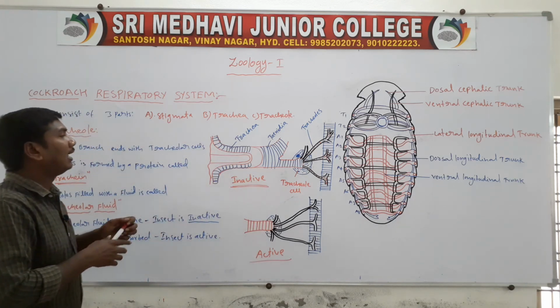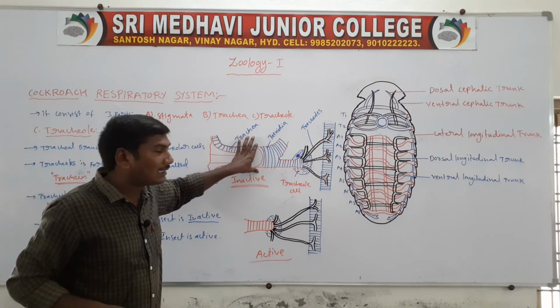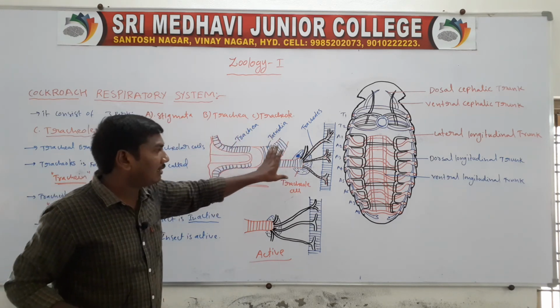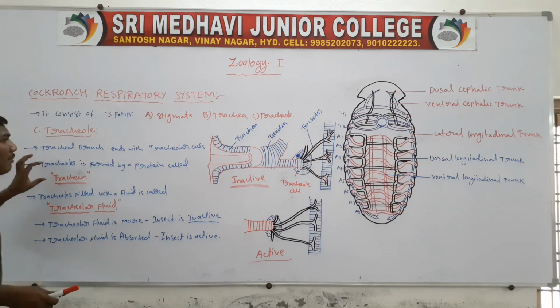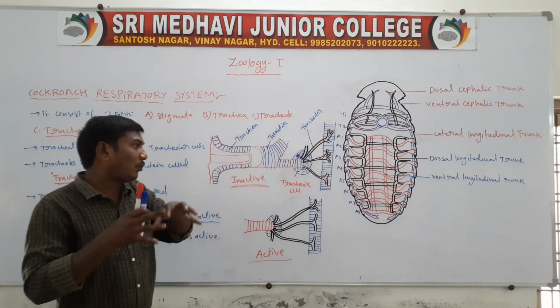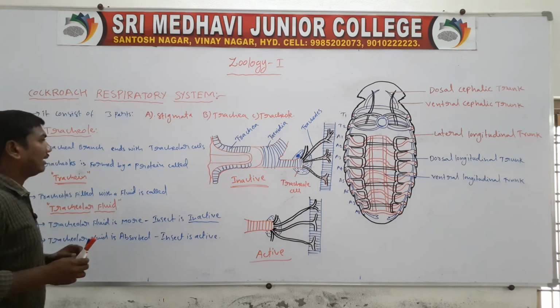So these are the tracheoles. The tracheal branches end with the tracheolar cells. Next, the tracheoles are formed by a protein called trachin.